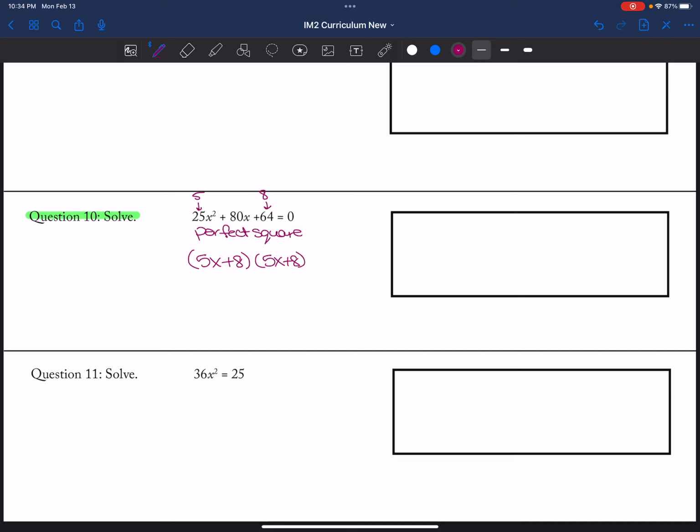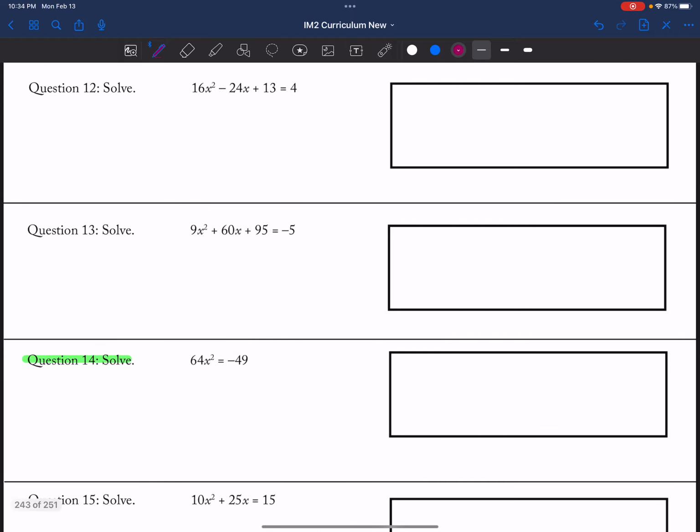Because they're all positives on the inside here, so I can say maybe they're both positive. When you look at multiplying this out with the box, you will get, looks like a happy face, you will get where you started here. So this is both equal to 0, so then x is equal to negative 8 over 5.